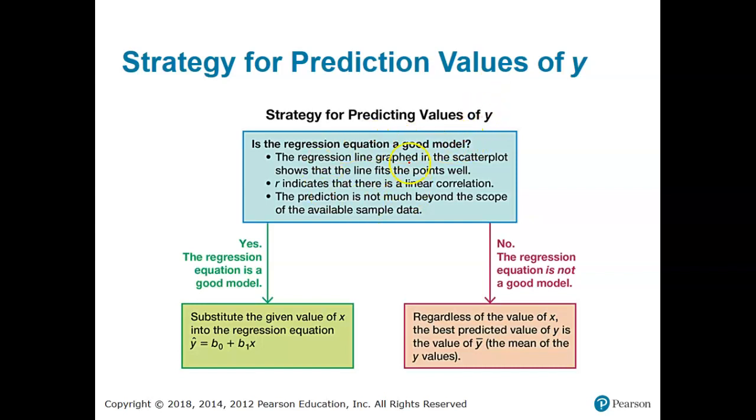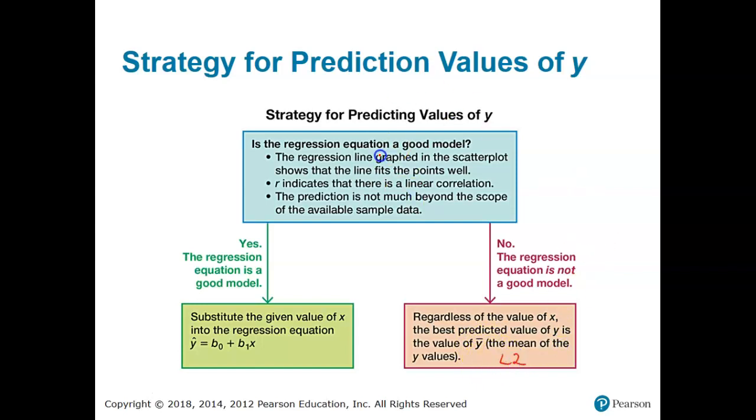If we don't establish that it's a linear correlation, that our R and our p-value support that, then if it's not a linear model, our regression equation is not a good model to use to make a prediction. So instead of plugging into our model, we have to give y bar, which is the mean of the y values or the mean of the L2 values in our data set.